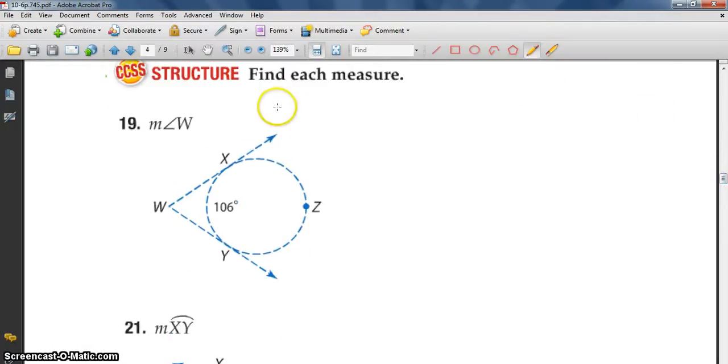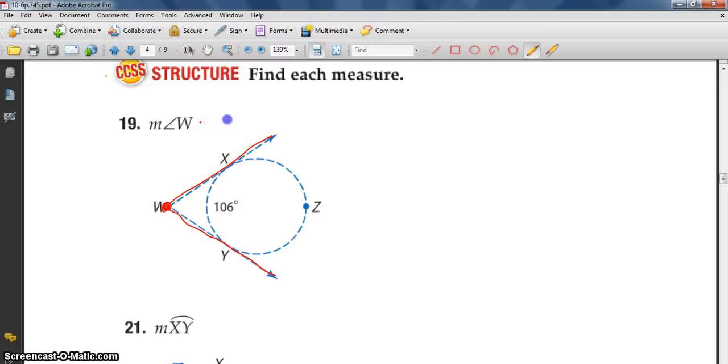Number 19, find the measure of angle W. We just got done doing a problem like this on the soccer field problem. So we have a tangent line and another tangent line, and they're intersecting outside of the circle. So if it's outside of the circle, we're going to take half of the difference of the two intercepted arcs.